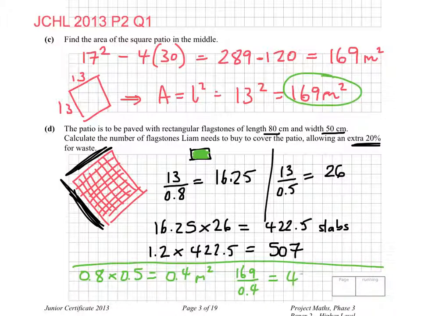And again we get 422.5 slabs, and so again if we worked out 20% of that and added it on, we would get 507, just as I had done on the previous line.